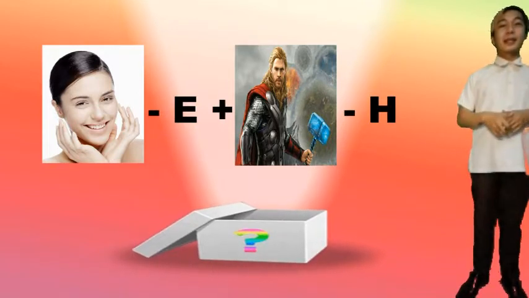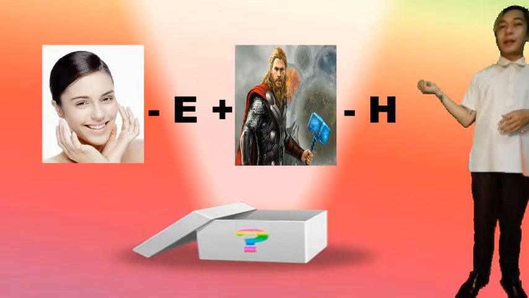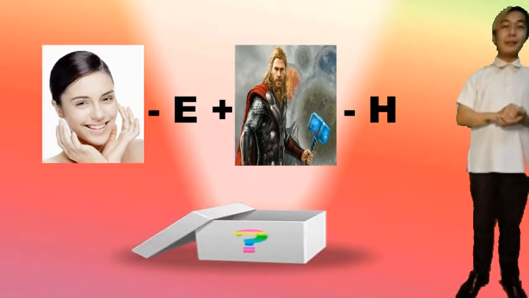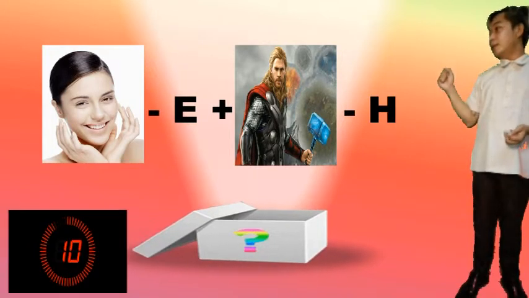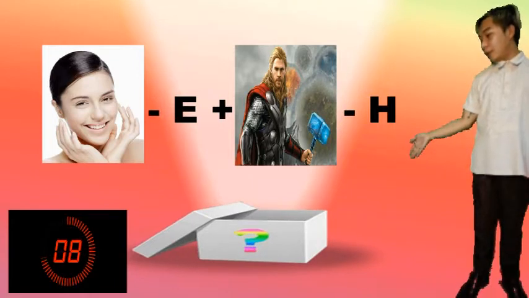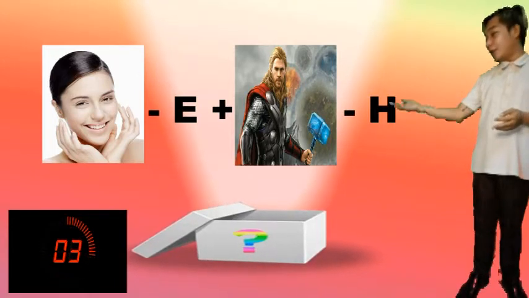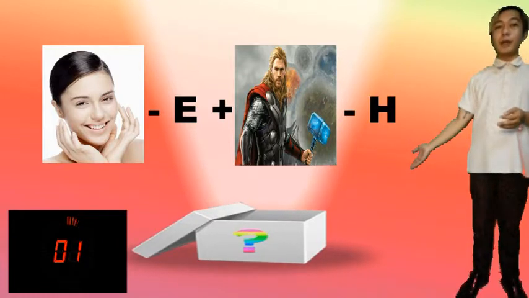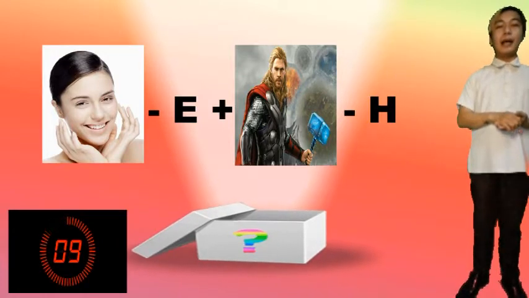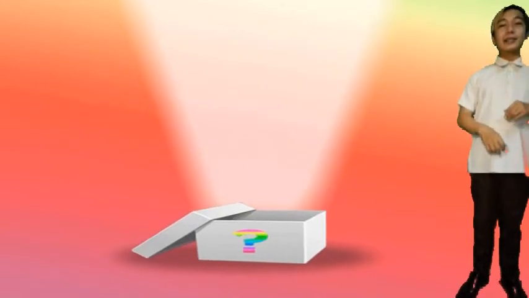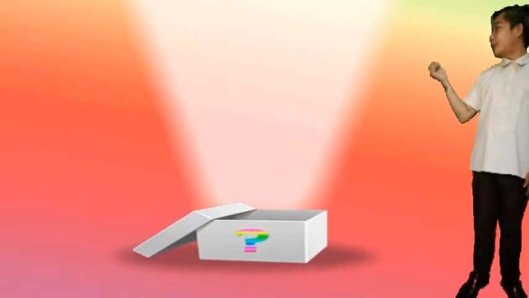For this picture, we have picture number 1. I'll be giving you time below. You have 10 seconds to guess the word. We have the timer at the bottom part of our screen. After 10 seconds, I will reveal the answer. So the answer is factor.